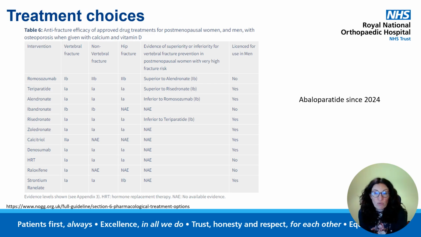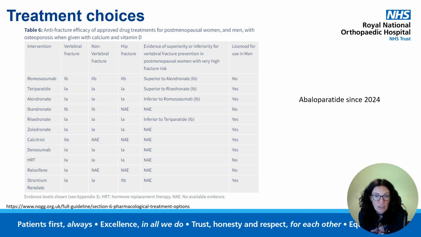We haven't gone through treatments in great detail, but the good news is that we have a lot of approved treatments for osteoporosis, many more than a few years ago, with the advent of romosozumab and abaloparatide in recent years. So we have choice, and we're making that treatment choice on, as I mentioned earlier, a number of issues.